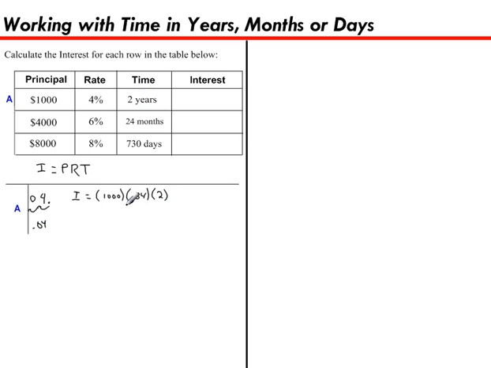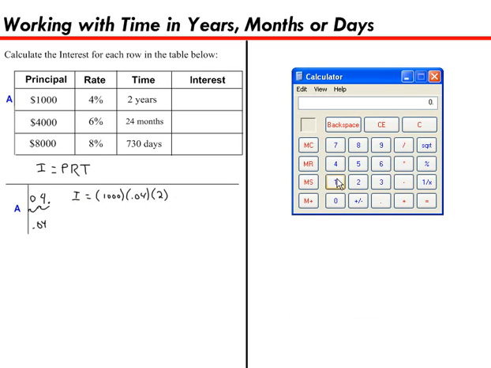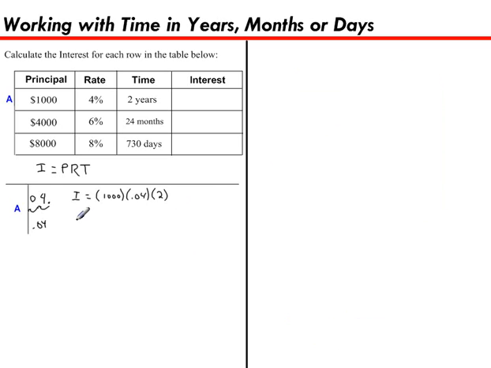And now I can solve this by using the calculator if you'd like. 1,000 times 0.04 times 2, and I get an answer of 80. So for problem A, the interest is $80. And I'll add that to the first blank in my table.